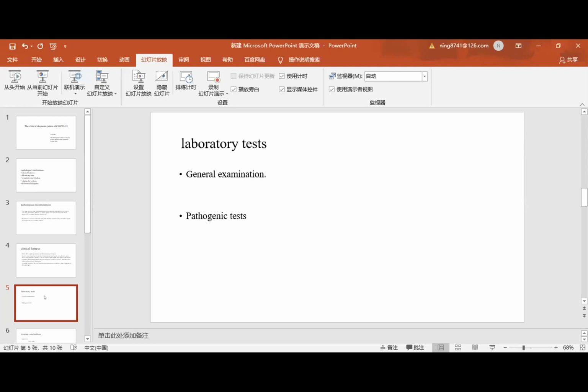We should send specimens for testing as soon as possible after collection. In serological examination, IgM antibodies specific for novel coronavirus are usually positive 3 to 5 days after the onset of the disease, and the IgG antibody titers increase fourfold or more during the recovery phase compared to the acute phase.